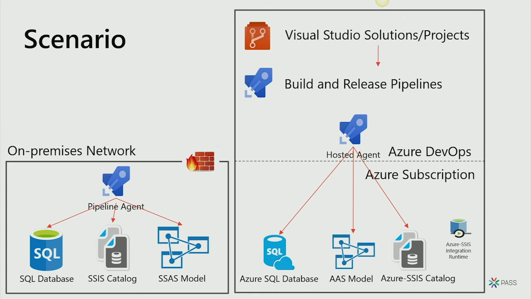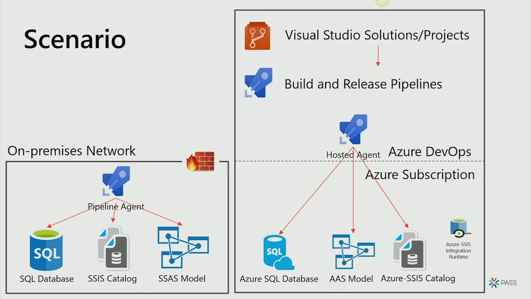I also maybe have the same scenario in my Azure subscription. I have an Azure SQL database. I have an Azure Analysis Services server that I want to deploy to. I have an Azure SSIS catalog, which is hooked up to Azure Data Factory, which has a little bit of complexity there, but if you do lift and shift for SSIS and running them in Data Factory, you'll know what I'm talking about here.